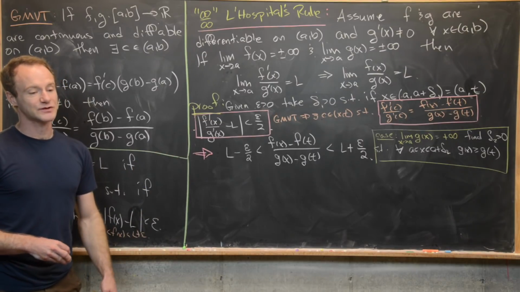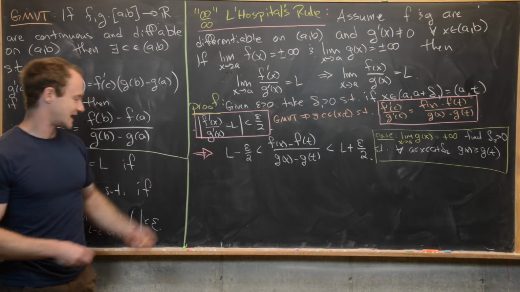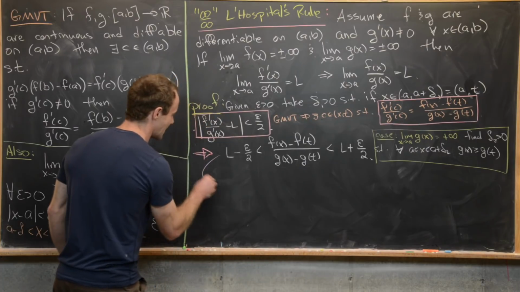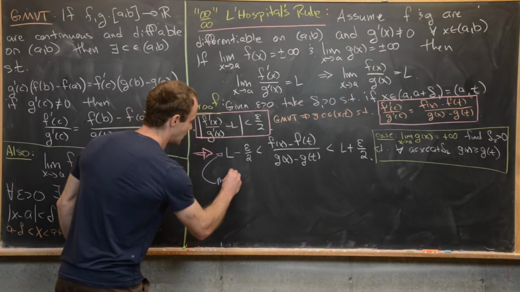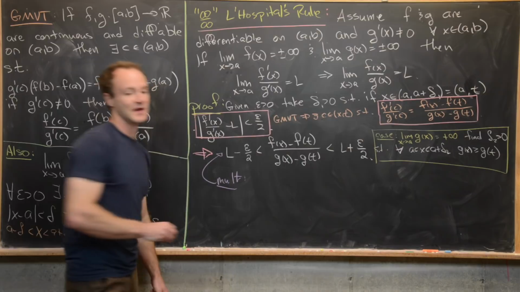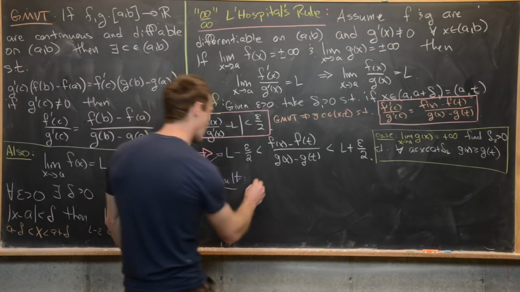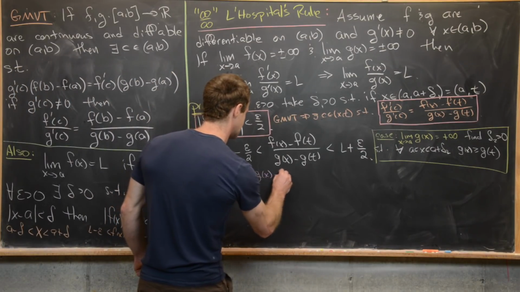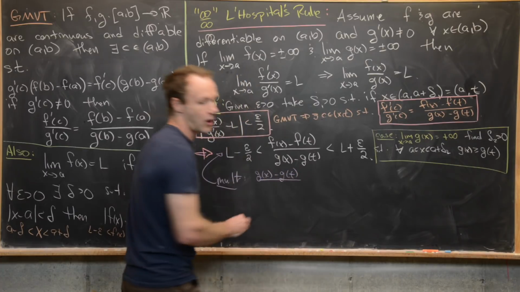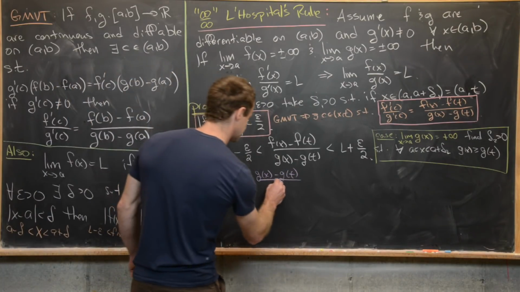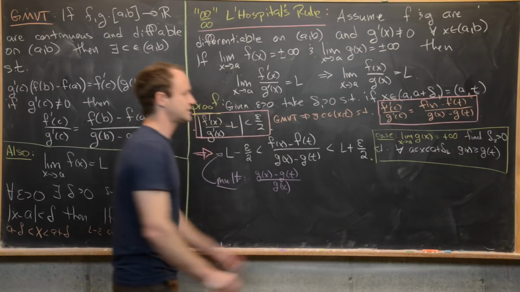Okay, and now that's really important because we're going to take this entire inequality and multiply it by something. And so what are we going to multiply by? We're going to multiply by g of x minus g of t all over g of x. And so let's see.